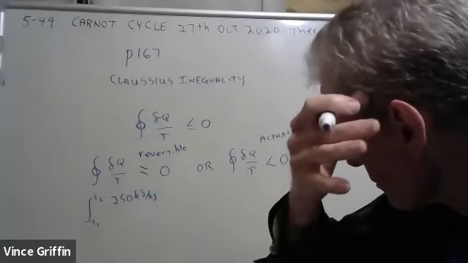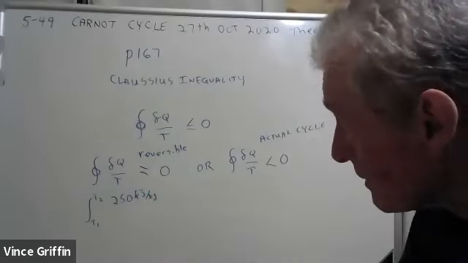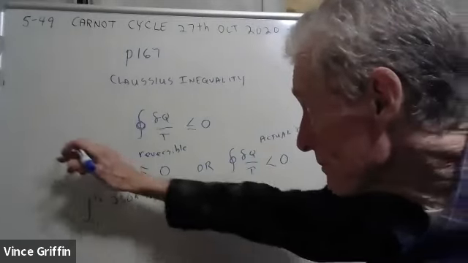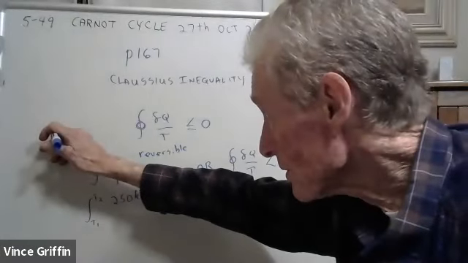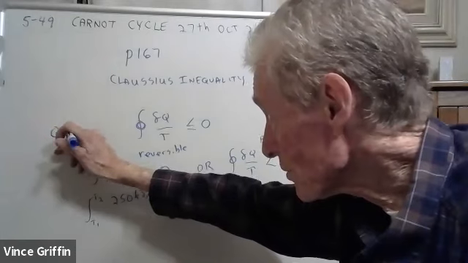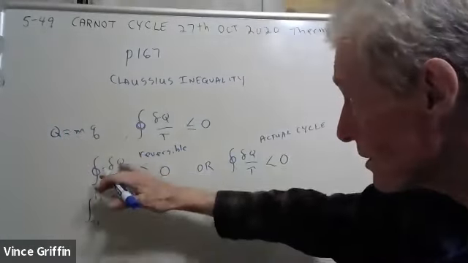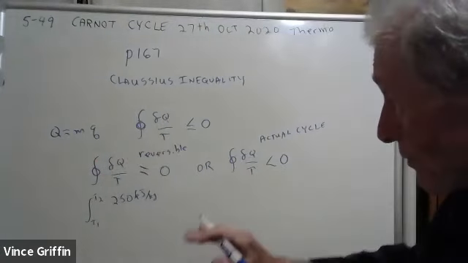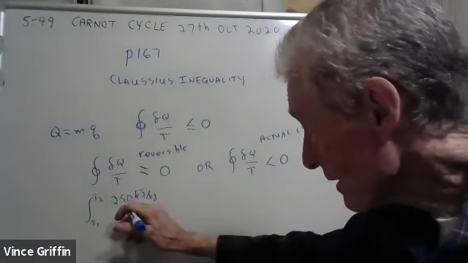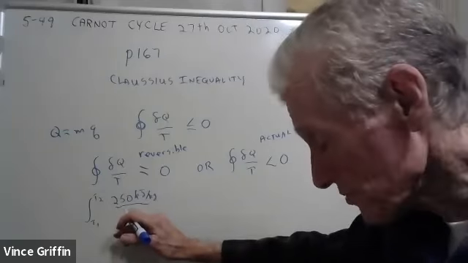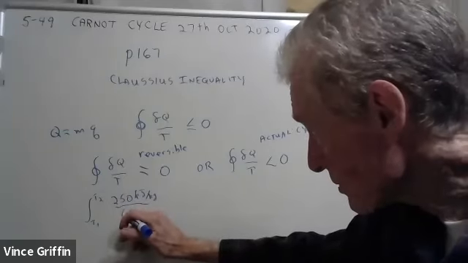Actually, what they're doing is little letters here. You know how that works. The big Q is equal to the mass times the little q. But you could put little q's in everywhere and it'd be fine. Now the temperature at which that heat transfer took place was 600 Kelvin.